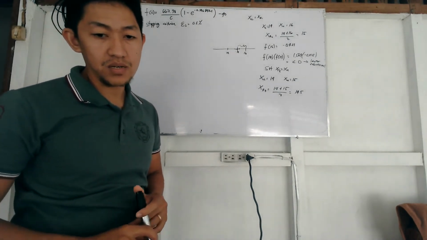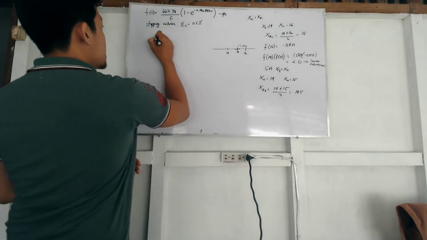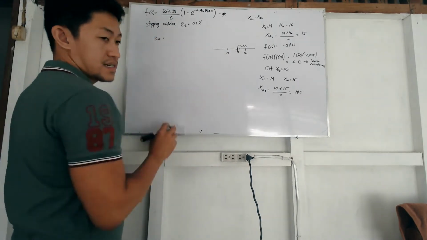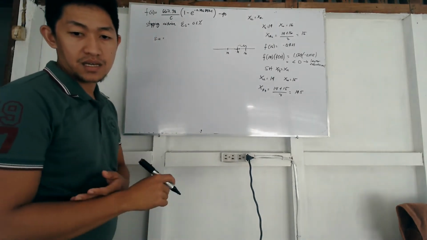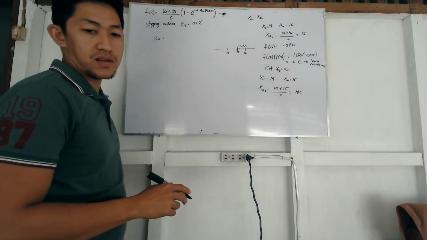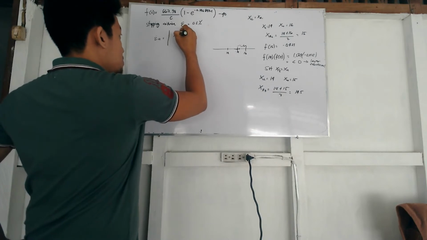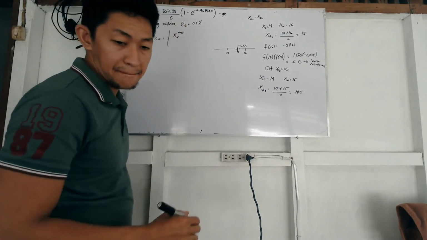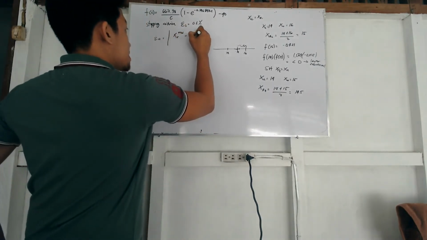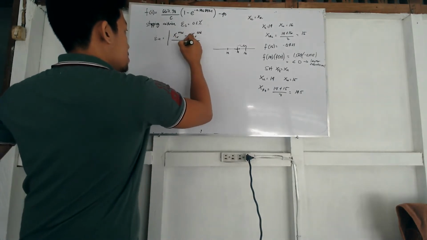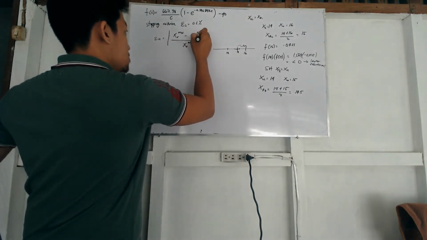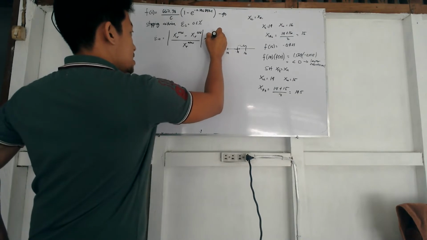So how do we compute it? Your approximate percent relative error is XR new minus XR old over XR new times 100%.